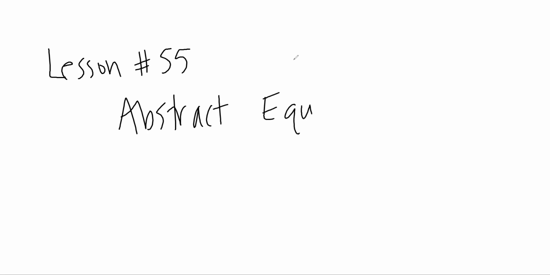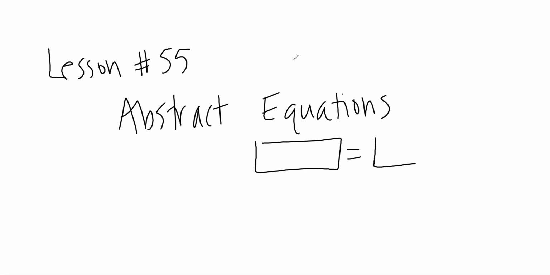So I'm hoping that we all understand what an equation is, right? That's when you have an expression equaling an expression. So whenever you have that equal sign, you're dealing with an equation. Abstract means you only have variables.